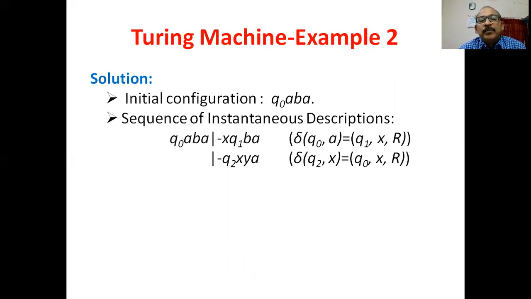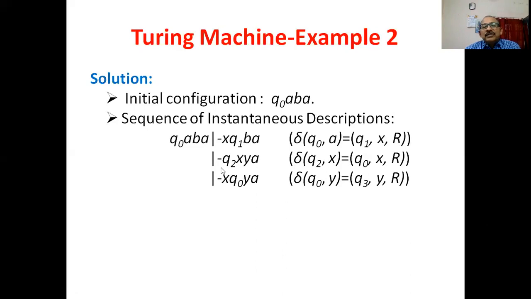Let us see what will happen. At this time the machine is in state Q2, input is X. It goes to the state Q0, replaces this X by X and moves in the right direction.